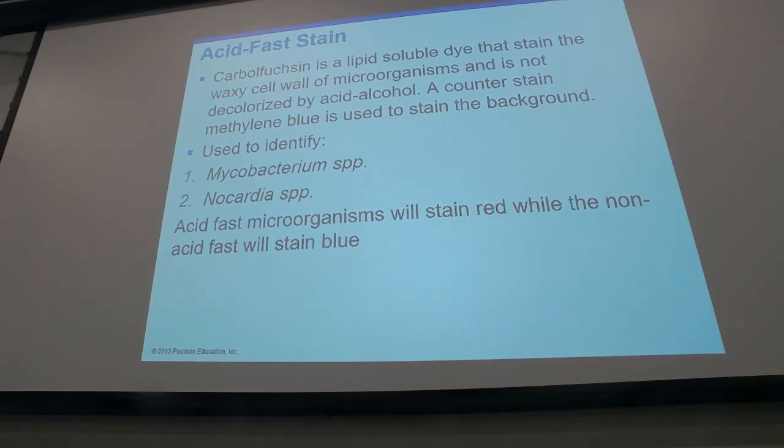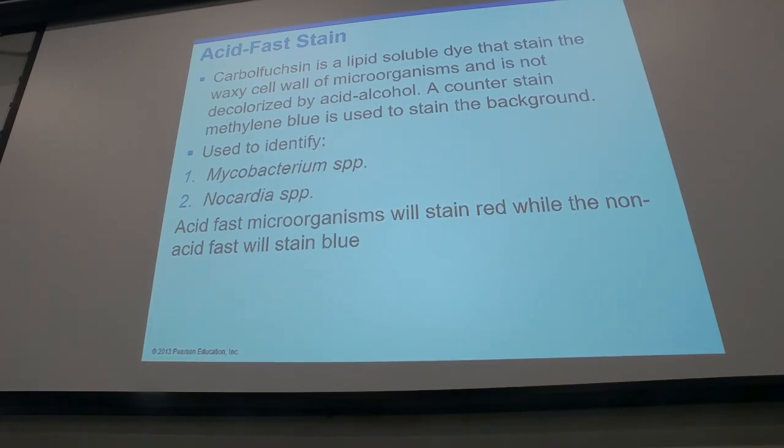But we also have another one that is called acid-fast. And acid-fast has some variations like Ziehl-Neelsen. In this case, we use carbolfuchsin, which is basically a red dye that stains acid-fast microorganisms red.